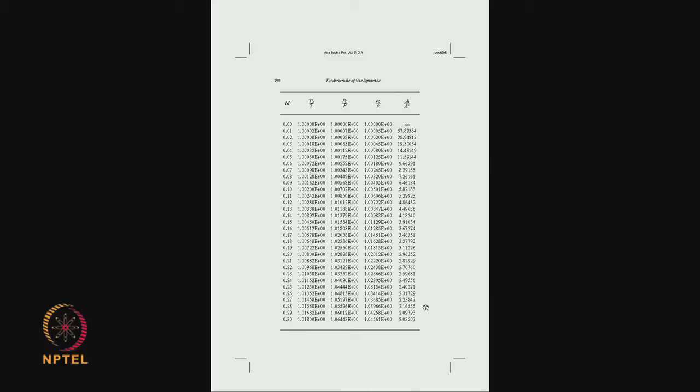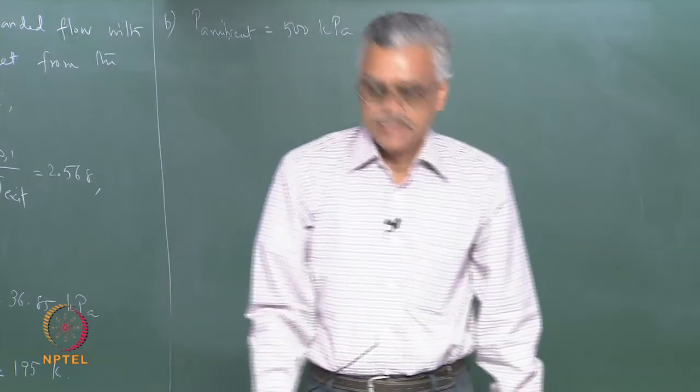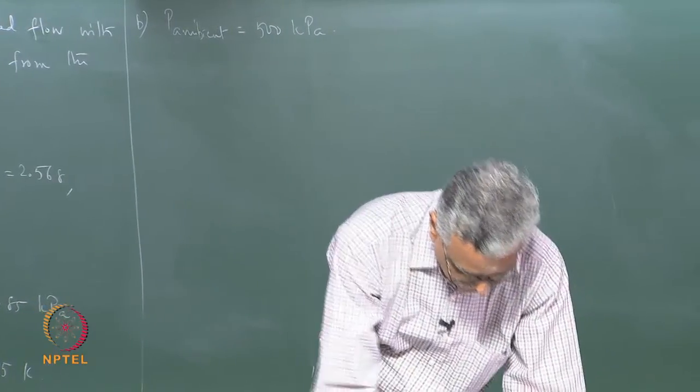You can see that for A over A star of 3.5 corresponding to the subsonic portion, the Mach number comes somewhere here between 0.16 and 0.17. So, what is the exit pressure corresponding to this? We pick up the P0 over P from here and then calculate the exit pressure corresponding to that, okay.